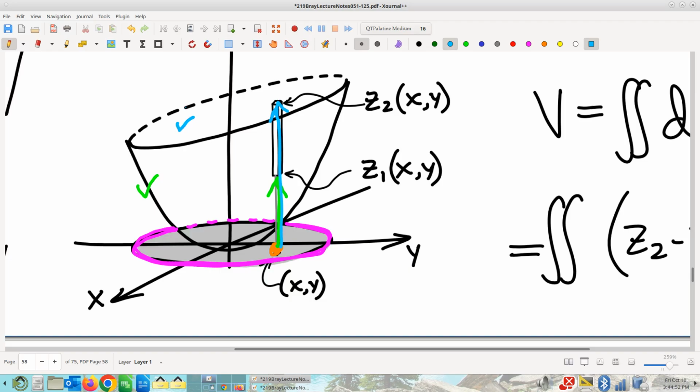And those are going to be different, and the difference is the height. But notice that for a point on the boundary in question, looking at the boundary itself, the distance up to the paraboloid and the distance up to the plane are exactly the same. That's the foot in the door.